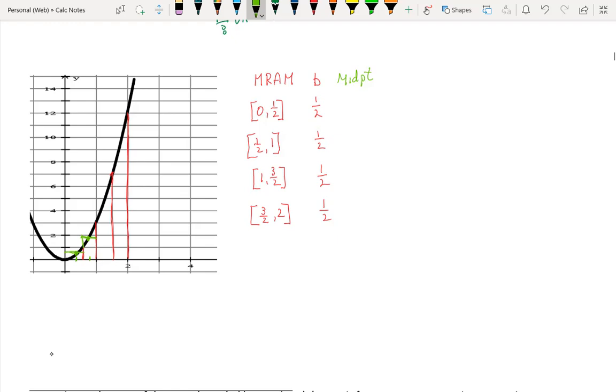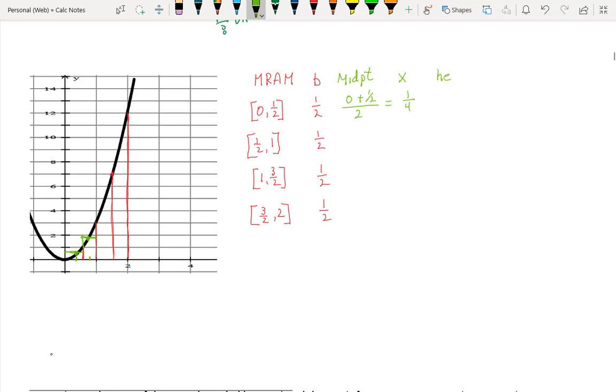So this is going to be 0 plus 1/2 divided by 2, okay, because we're splitting the interval in half. So this is going to equal 1/2 divided by 2, which is 1/4. Now that should make sense because what's right in the middle of 0 and 1/2? That's 1/4, okay? But this isn't my height. This is the x value. This is the midpoint x value that I now need to use to find the height.